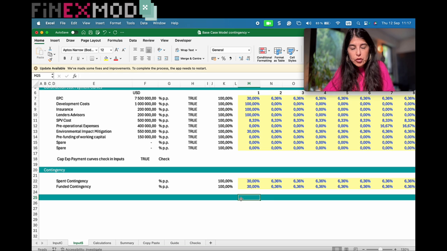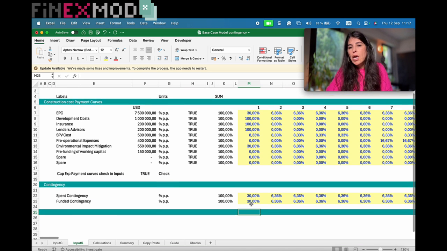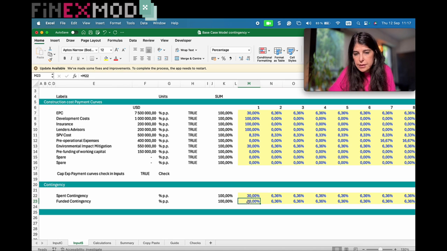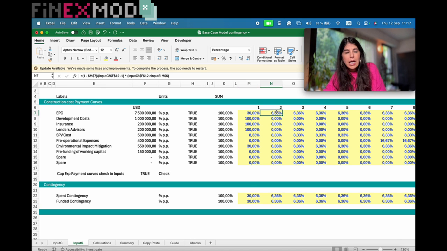So what I have come across are different profiles. Sometimes what I do is assume that the contingency drawdown is the same as how I am spending for my EPC, okay? This is a bit conservative. Why?